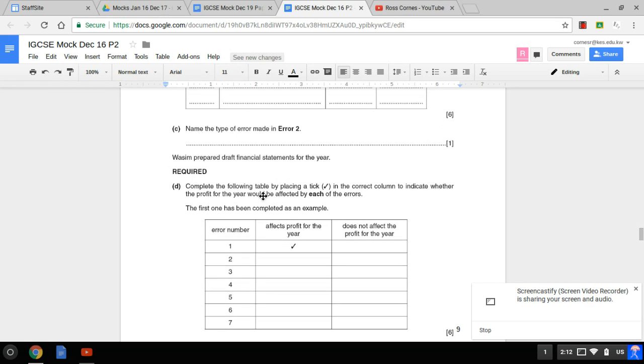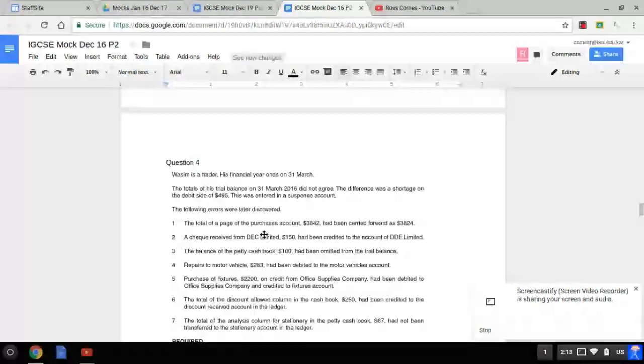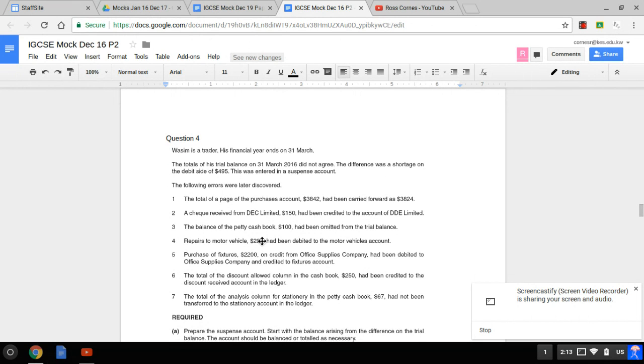So if we go through them and the reasons why they affect the profit, the first one is going to affect the profit without a doubt because we need to change purchases, and purchases appear in the income statement, not in the statement of financial position.